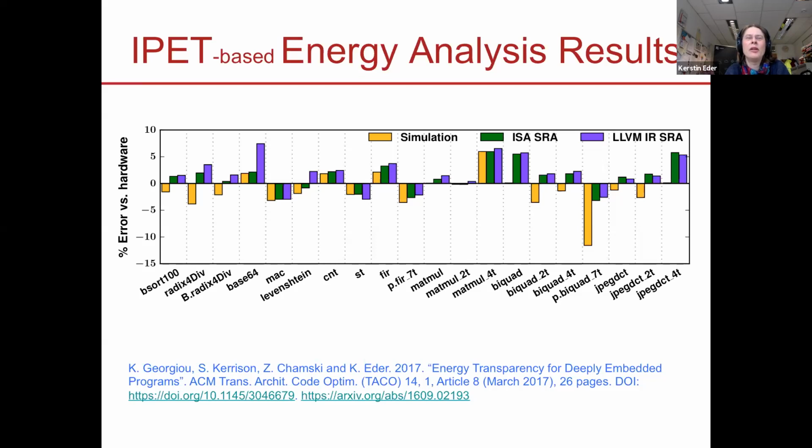So there isn't much accuracy lost in the LLVM IR-based analysis. Right? So that's good. We can make this data available to the compiler, and the compiler can perhaps then compare different code versions to see which ones are the most energy efficient. So we were quite happy with this.